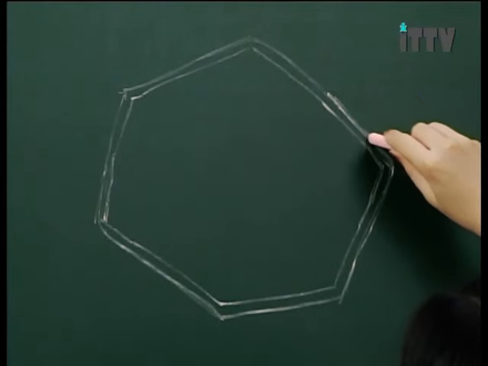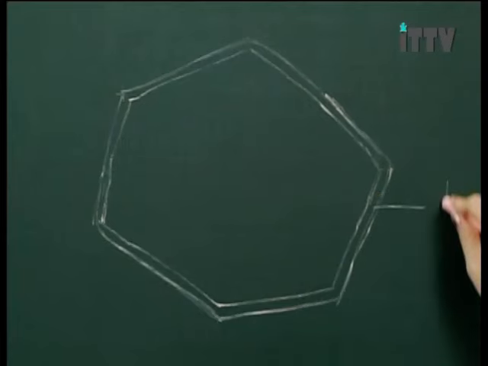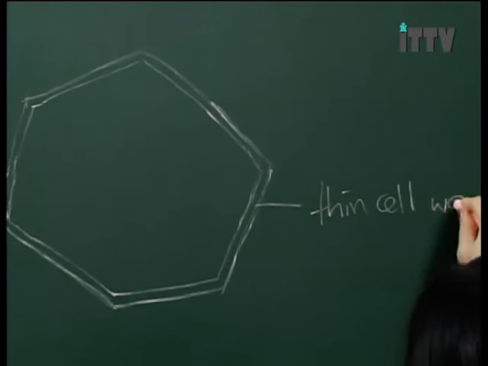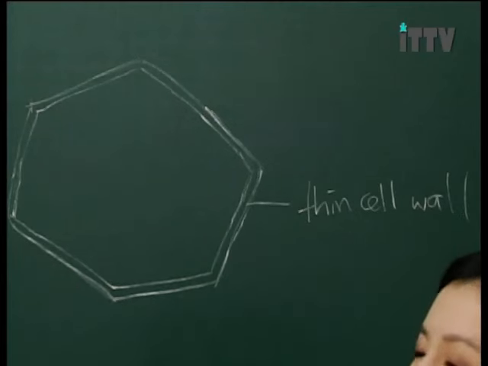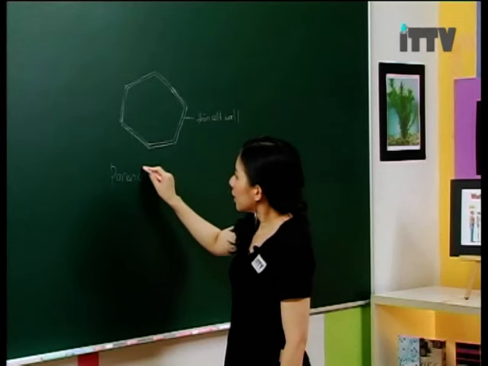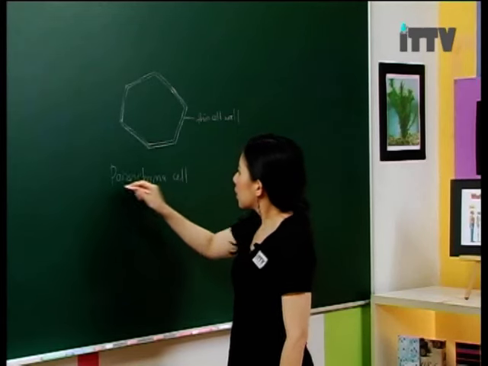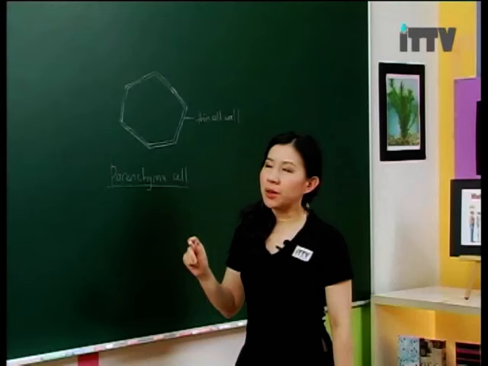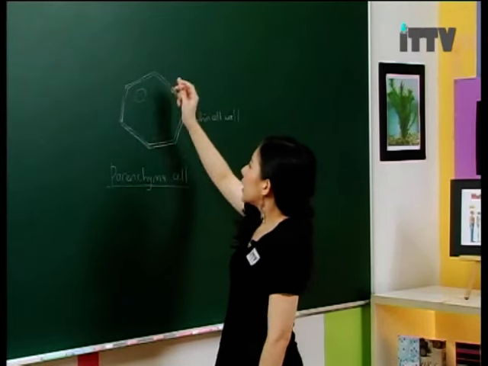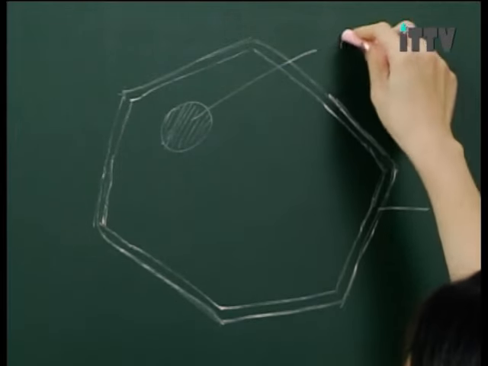So as you can see here, this will be the thin cell wall, and this is known as a parenchyma cell, and of course naturally would have the nucleus. Now, the nucleus, I would shade it. This will be the nucleus.